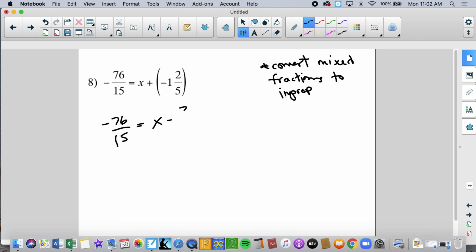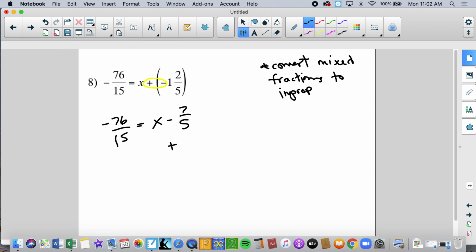So that makes -7/5. Do not make the mistake of doing 5 times -1 plus 2 to give you -3. That's not how it works. The sign is separate, and this whole entire thing is negative. So I'm going to combine those, and then I'm going to convert that mixed number to an improper.